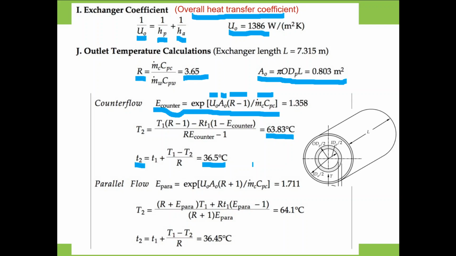If we consider the parallel flow, then we calculate this parameter for parallel flow, and we use it to calculate the final temperatures, which are 64.1 and 36.45 degrees Celsius.